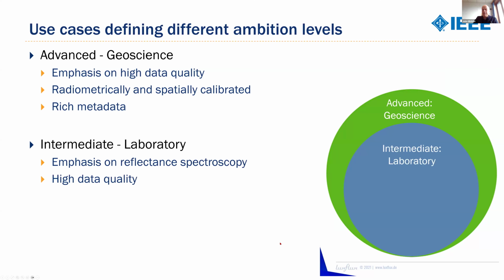An intermediate case is in the lab where you have a sample, so prototypically it is for doing reflectance mapping of samples in the lab, where data quality is still paramount, but maybe not radiometry, only reflectance and the integrity of reflectance spectra.